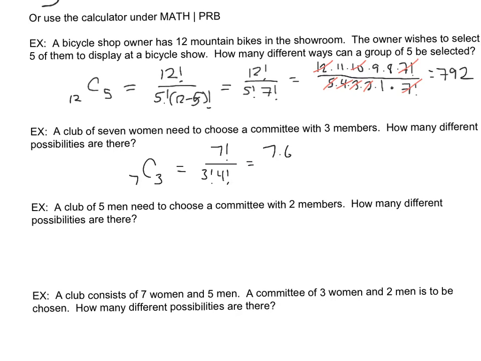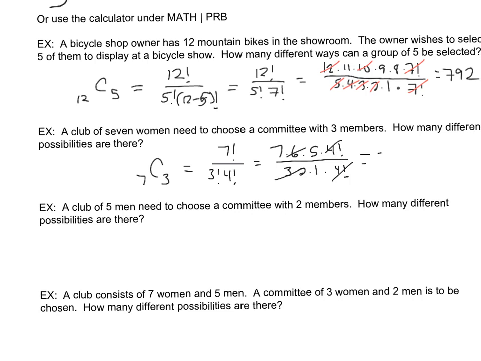So if I simplify it, it's 7 times 6 times 5 times 4 factorial all over 3 times 2 times 1 times 4 factorial. So I leave the last one, the bigger one, so I can cancel it out, and then I expand the other one. But if you look, I got a 3 times 2 and a 6 on top, so I can cross those out. So I have 7 times 5, which is just 35. So if you have 7 members and you need to have a committee of 3 people, there are 35 different committees you could have, so different arrangements of people.